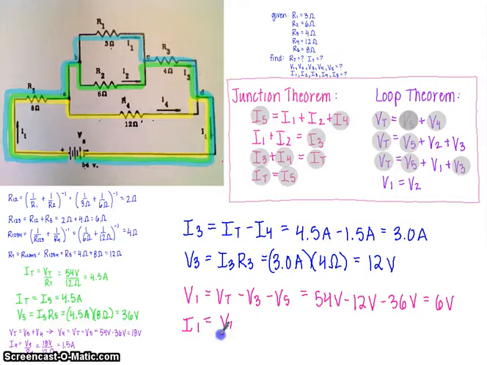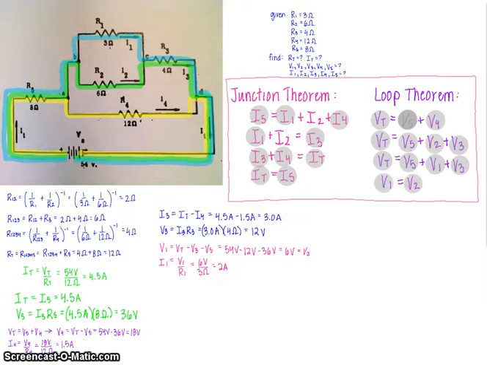I1 would be V1 over R1. Now we have V1 and I1, and we know V3. We can see that V1 equals V2, so this value for V1 of 6 volts is also equal to V2, and we'll be able to easily find I2.